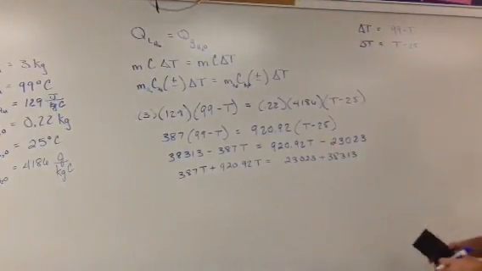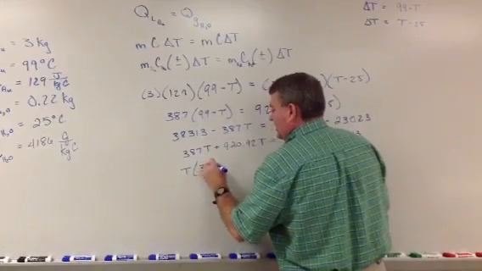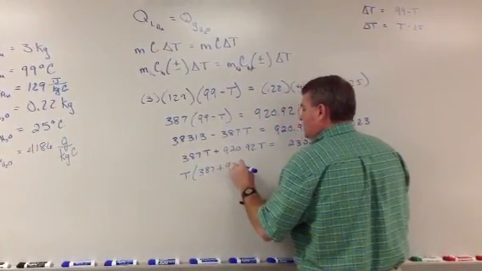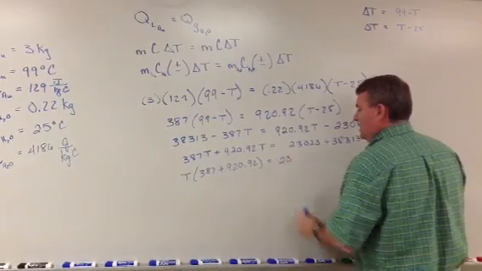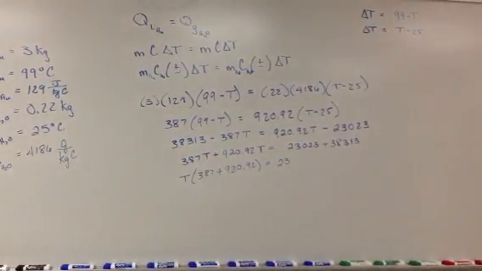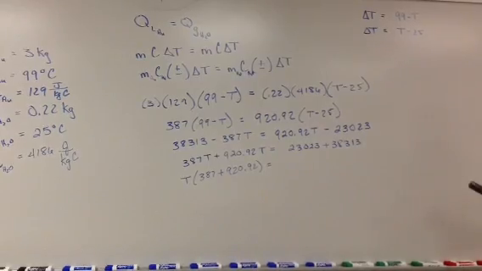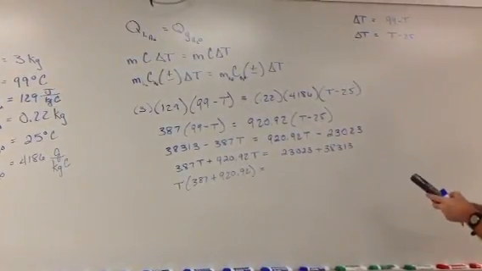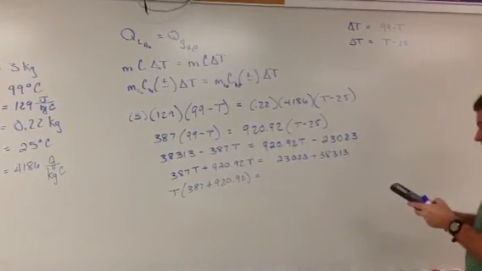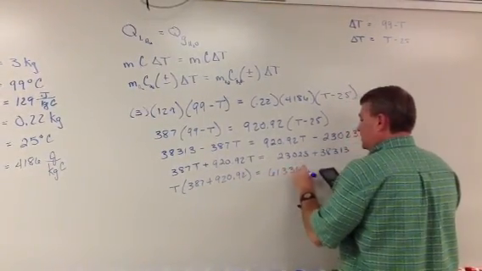All right, now the next step, I can factor out the T here. So this is 387 plus 920.92 times T equals 23,023 plus 38,313, which gives me 61,336.